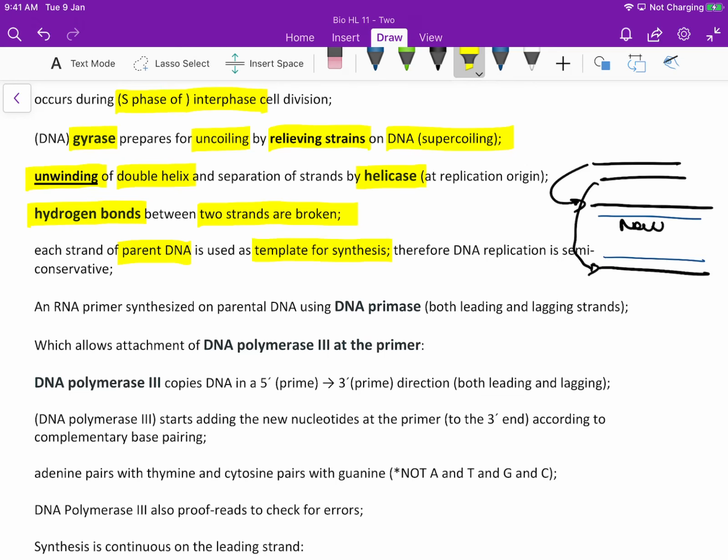In order for DNA polymerase 3 to bind, we had to have an RNA primer to make it double-stranded. So primase, or DNA primase, makes a short RNA primer on both the leading and the lagging strands, allowing our DNA polymerase 3, our building enzyme, to bind at the primer.